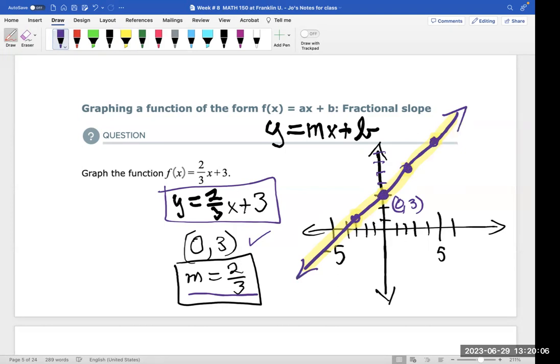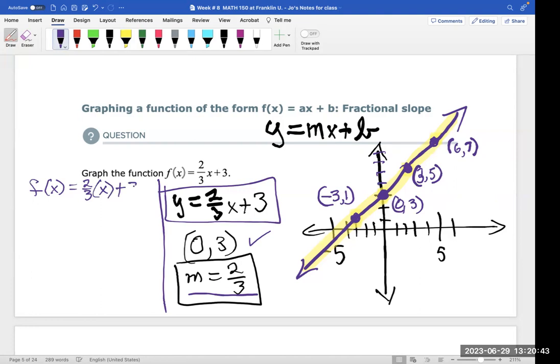So this is the point 3, 5. 6, 7. -3, 1. And these are the points that make this function f of x equals 2/3 times x plus 3.